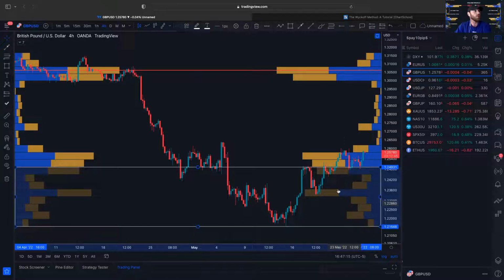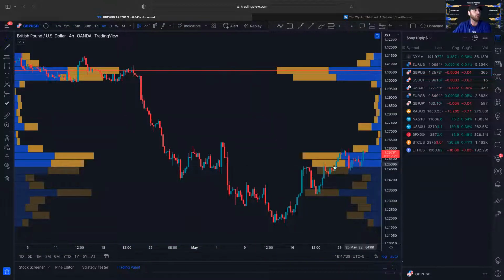So the low volume areas more or less work as support or resistance, right? They aren't where price is searching for. If price gets into a low volume area, it's usually going to find a higher value area.